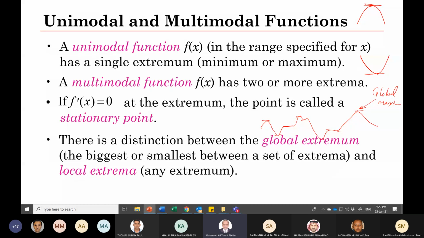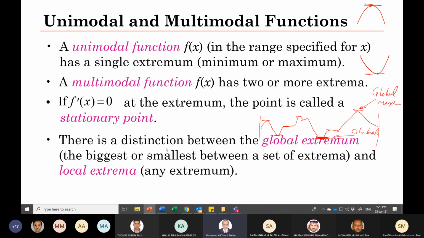We have only one global here. For the minimum, probably this point is the minimum point in the function within this range, of course. Within this range, this is the minimum value, so this is called the global minimum within this range. And this value is a local minimum.